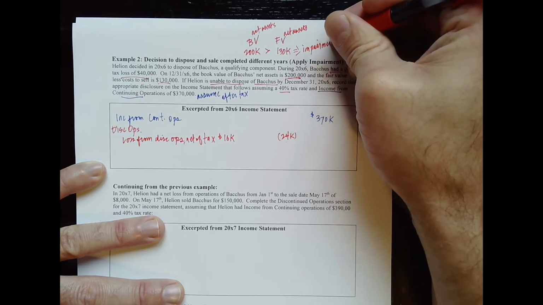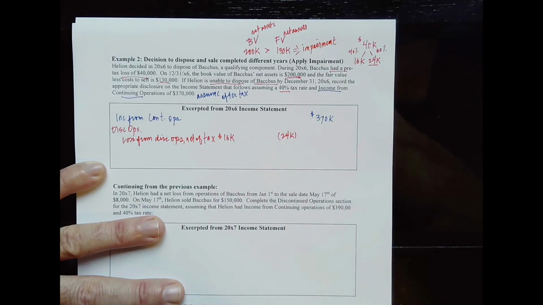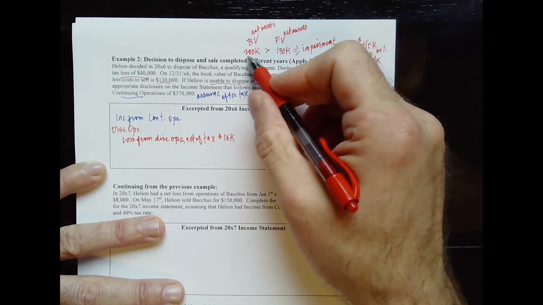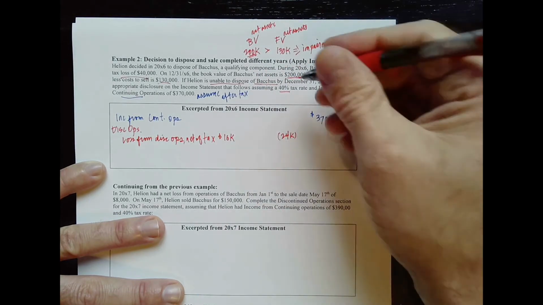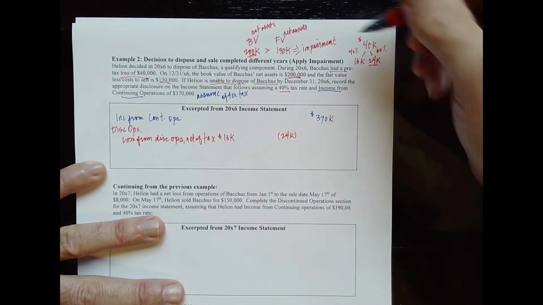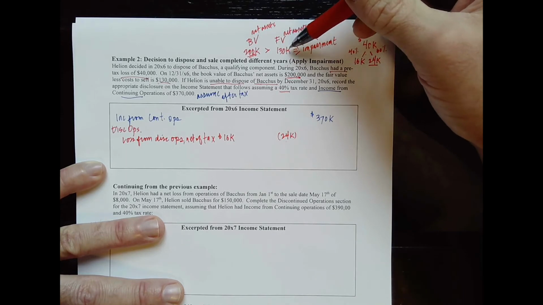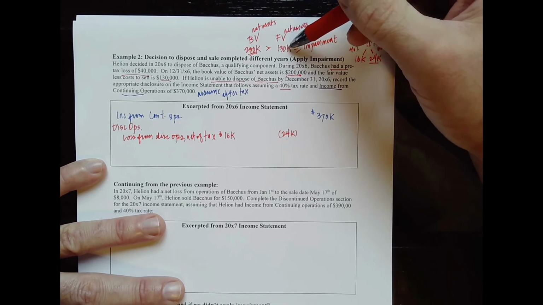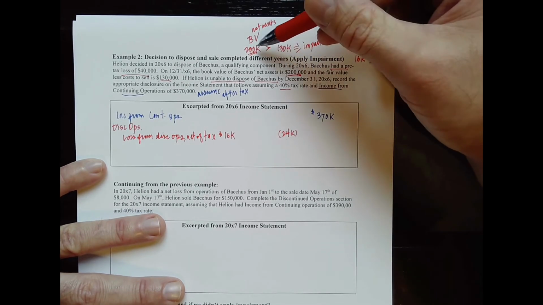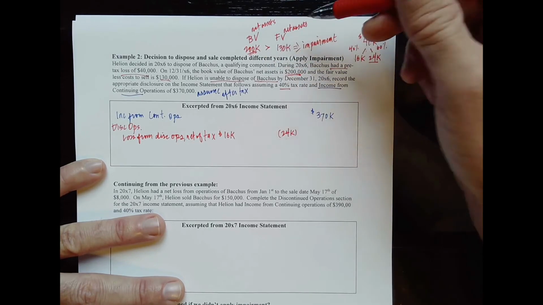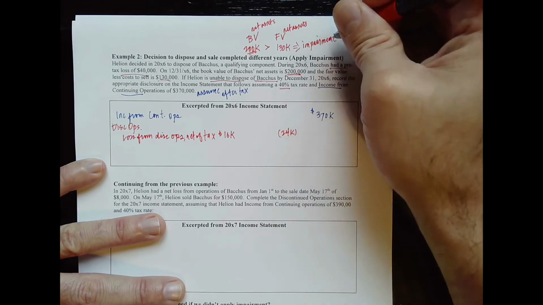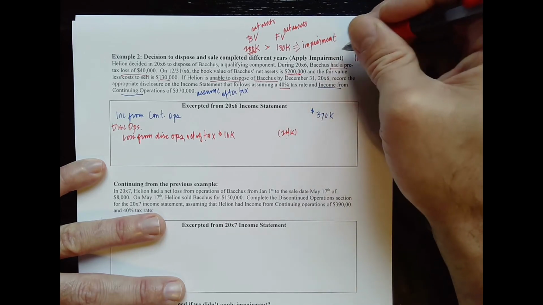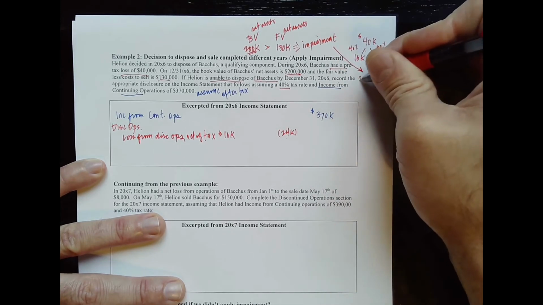And the impairment that we need to apply is just the amount that would take $200,000, which is currently recorded on the books, and make it $130,000. $130,000 is not recorded on the books. This is just our assessment, our appraisal of what the fair value of those assets is. So in order to reduce that, I would need a $70,000 impairment loss. And that is just the difference between the two.